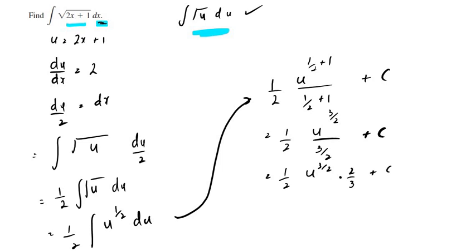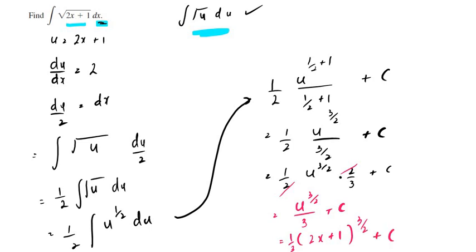So we can now cross these off. So we'll have u to the power 3 over 2 divided by 3 plus c. And we never keep it in terms of u, we have to substitute it in terms of x. So we get 1/3 times 2x plus 1 to the power 3 over 2 plus c.